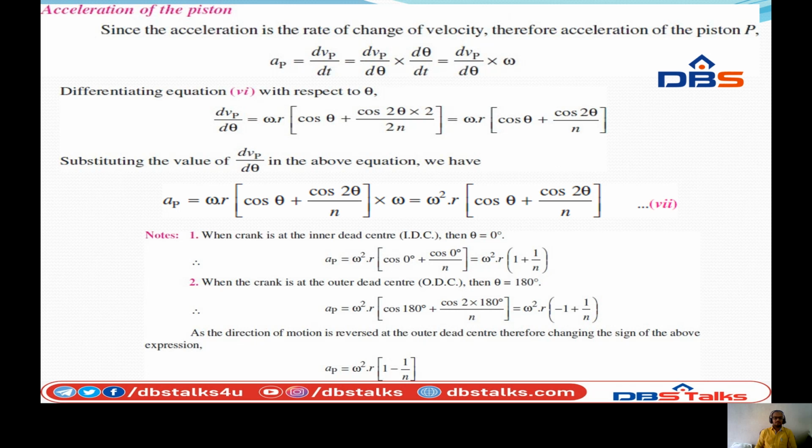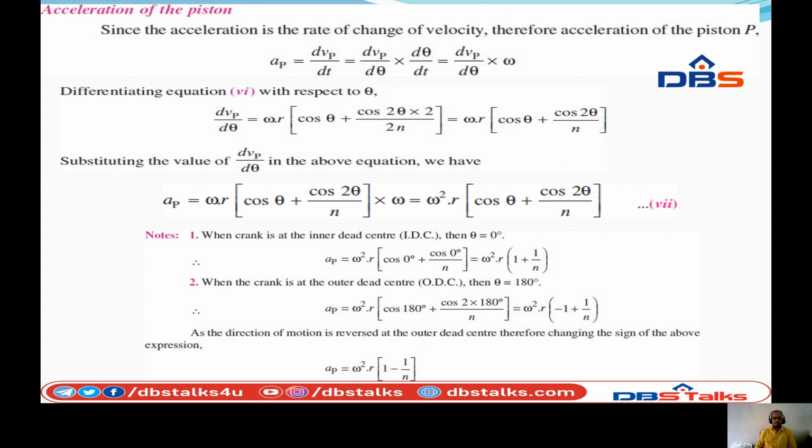And what about the acceleration? Since the acceleration is the rate of change of velocity, the acceleration of the piston is ap equal to dvp by dt. Here also the same procedure, we can't do it directly, so dvp by d theta into d theta by dt. So again one more omega comes into the picture. dvp by d theta is equal to omega R into cos theta plus cos 2 theta into 2 by 2n, so finally omega R into cos theta plus cos 2 theta by n.